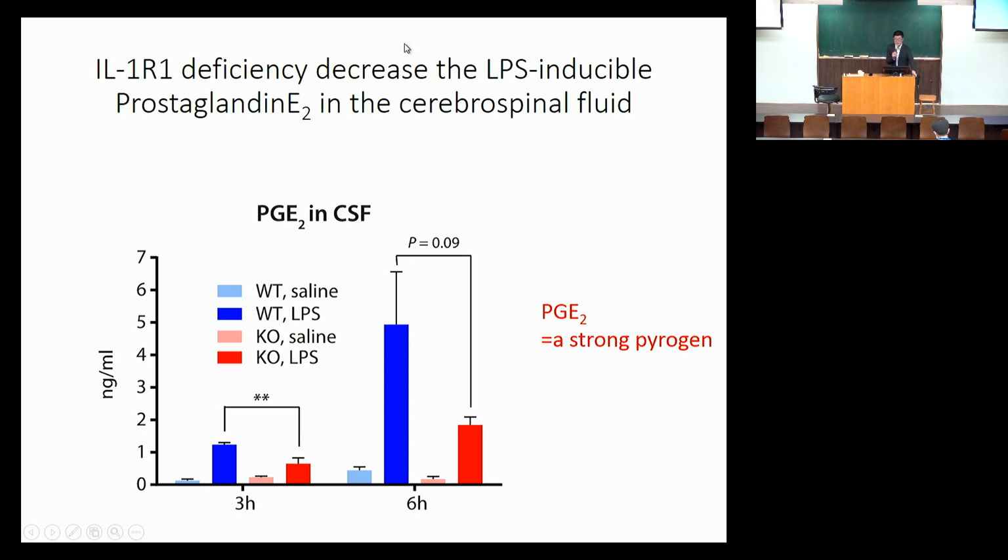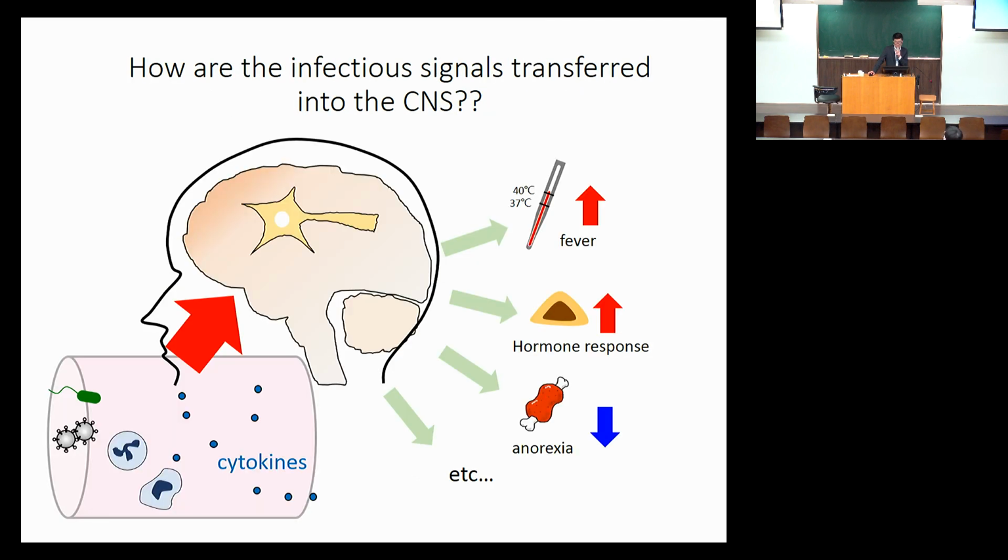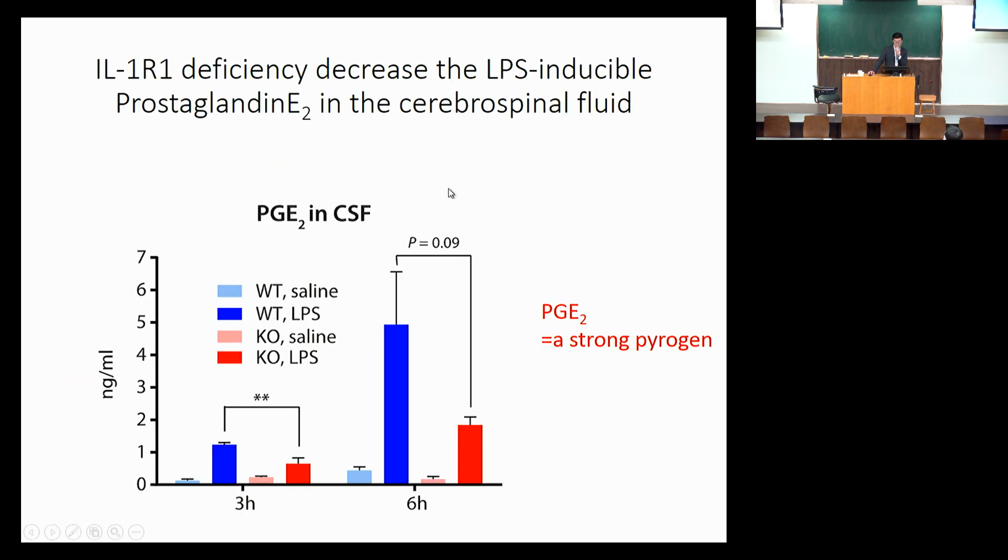So next I checked how IL-1 works to induce fever. First I focused on prostaglandin E2, because prostaglandin E2 is famous as a strong pyrogen that makes fever. So I compared the prostaglandin E2 level in CSF.